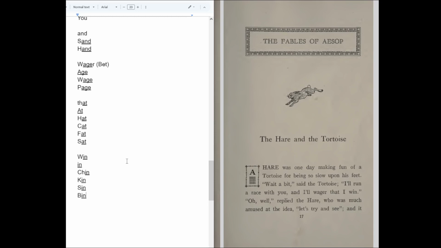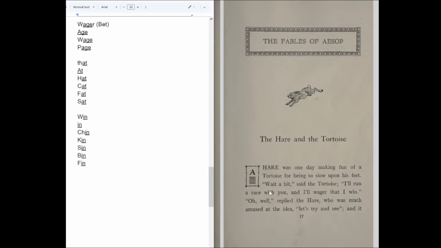Bin, the bin. So we have a lot of words in English that have IN in them. Okay? Fish have fins, or a fin. There's a fin. IN.